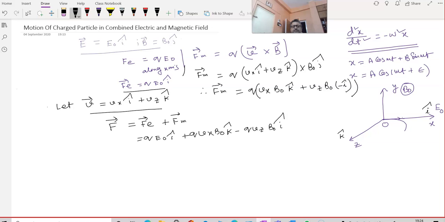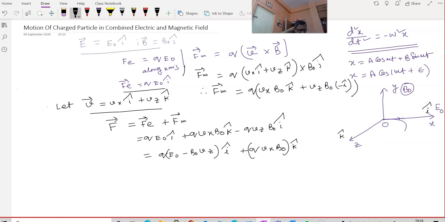Q is common here also, so you write Q into E0 minus Vz B0 I cap plus Q into Vx B0 K cap.